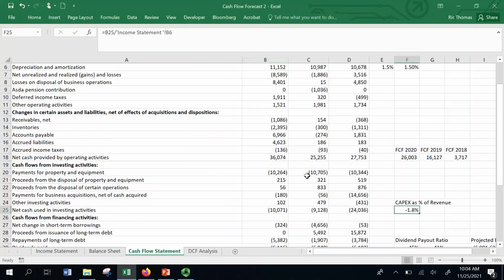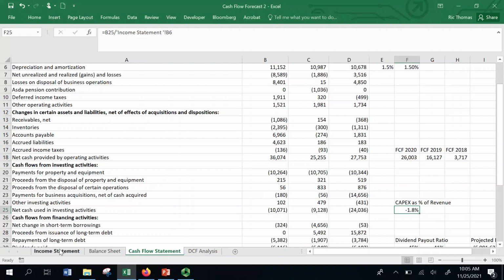All I did, remember, is I took this number and held it constant to sales. So it's just the ratio, the common size to sales number. It's minus 1.8%. It's a negative number, meaning it's a cash outflow, in other words, an actual purchase of CapEx that they did here.